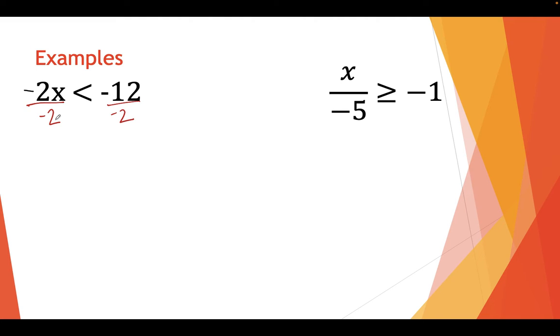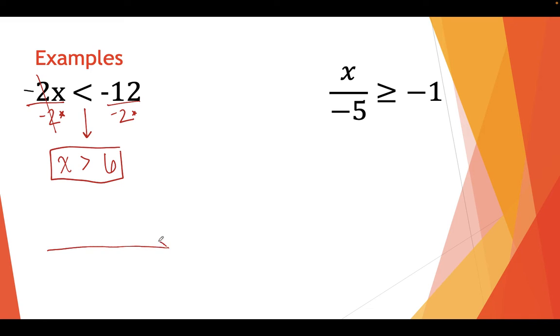Since negative 2 divided by negative 2 is a positive 1, that gives us x by itself. Negative 12 divided by negative 2 gives us a positive 6. This is the case where, because I divided by a negative 2 on both sides, I must reverse or flip my inequality symbol to its opposite direction in order for my answer solutions to be true.